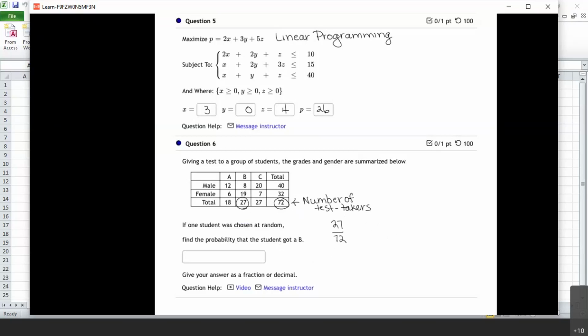I think it expects either a reduced fraction or a decimal, so as a decimal this is 0.375. Please reduce your fractions if you're going to use fractions. Or more likely, just take your calculator, type 27 divided by 72, and type in 0.375. Don't mess with reducing fractions if it's not required. Good with this one?